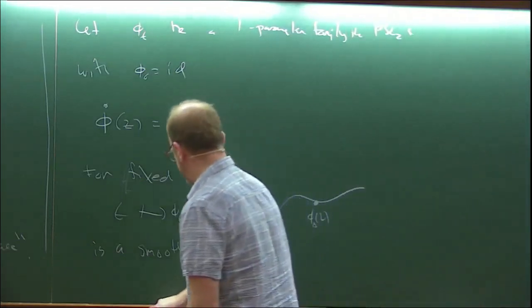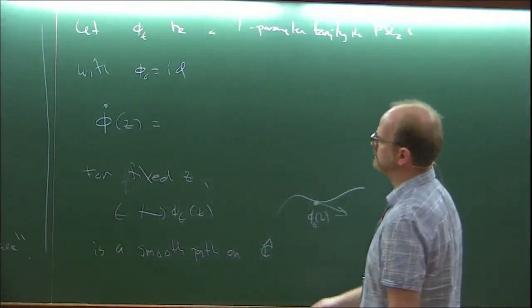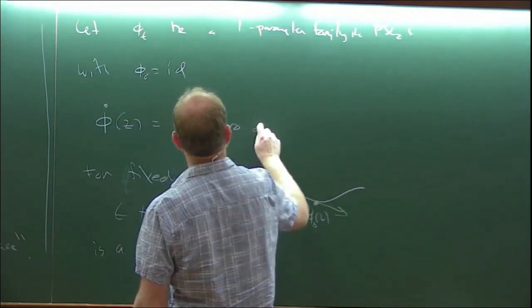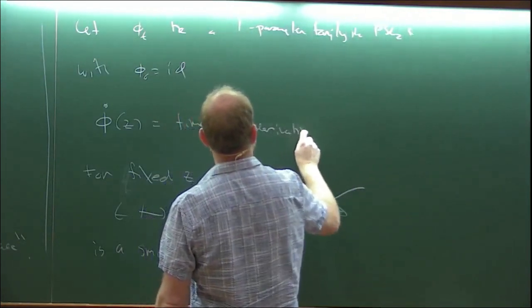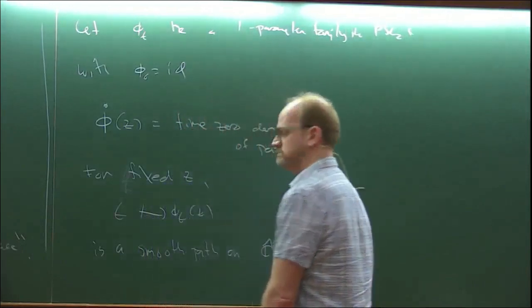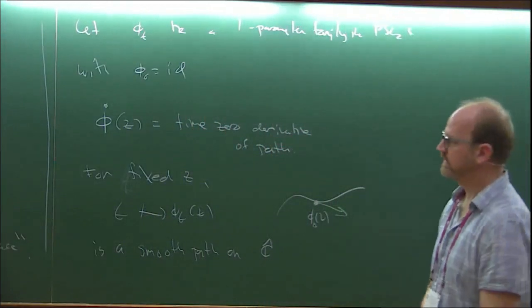Okay, well, this path has a derivative, and this is just the time zero derivative of the path. By definition. Okay, so this is a vector field.